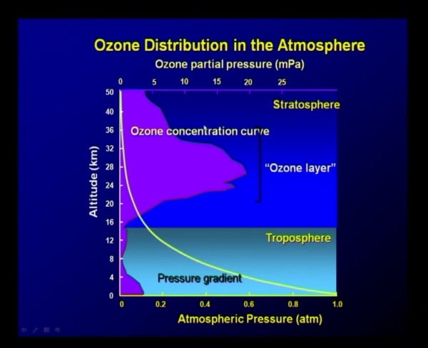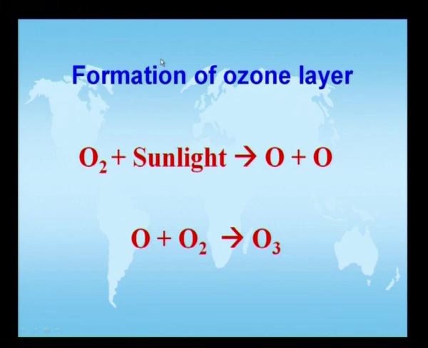When we plot the ozone partial pressure, you can see that only in the stratosphere is the ozone concentration very large. This diagram depicts that the ozone concentration is extremely high in the stratosphere. And now, how is ozone formed?